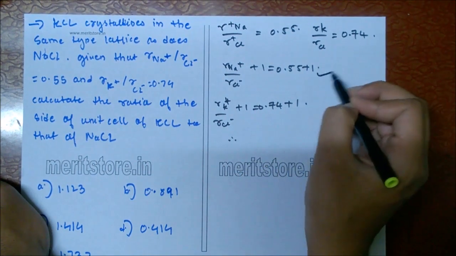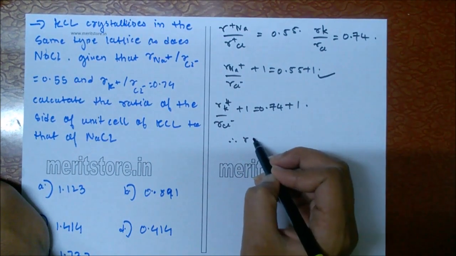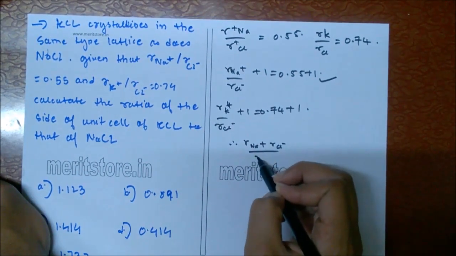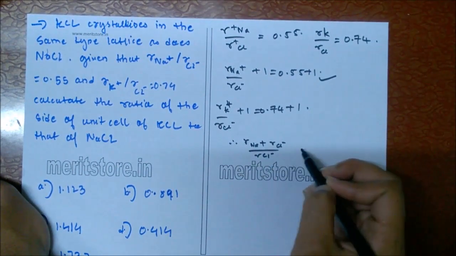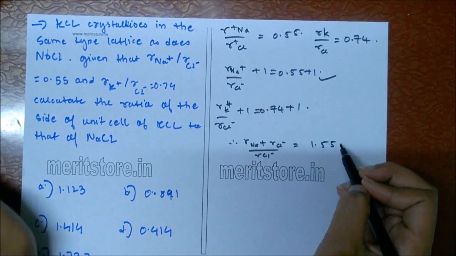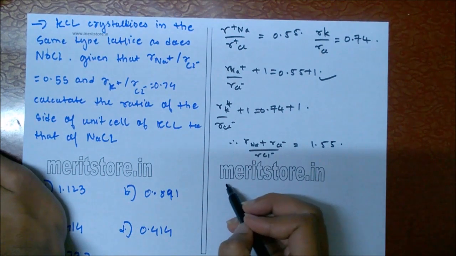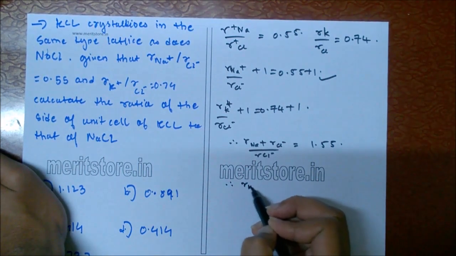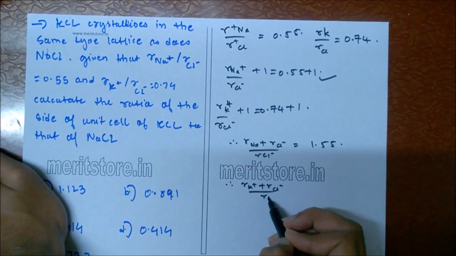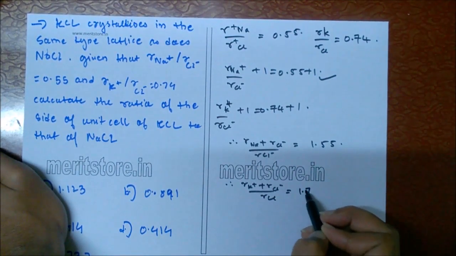Therefore, we can write this equation as radius of sodium plus radius of chloride upon radius of chloride is equal to 1.55, and for potassium and chloride we can write this as radius of potassium plus radius of chloride upon radius of chloride is equal to 1.74.